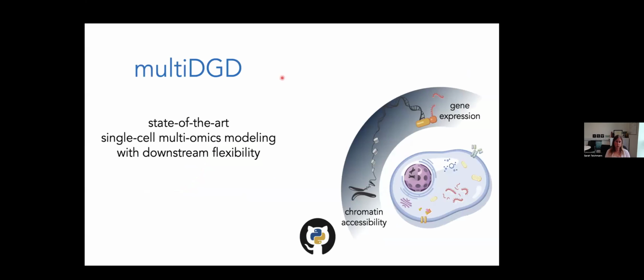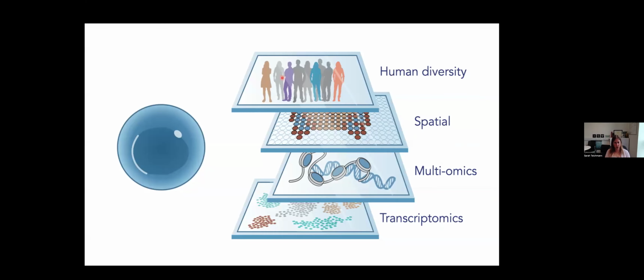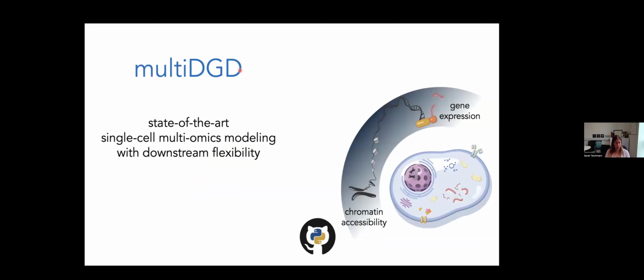One framework that we've developed for tackling multi-omic modeling is this deep generative decoder framework that we call multi-DGD, which builds on a deep generative decoder for RNA from Anders Krog's group.